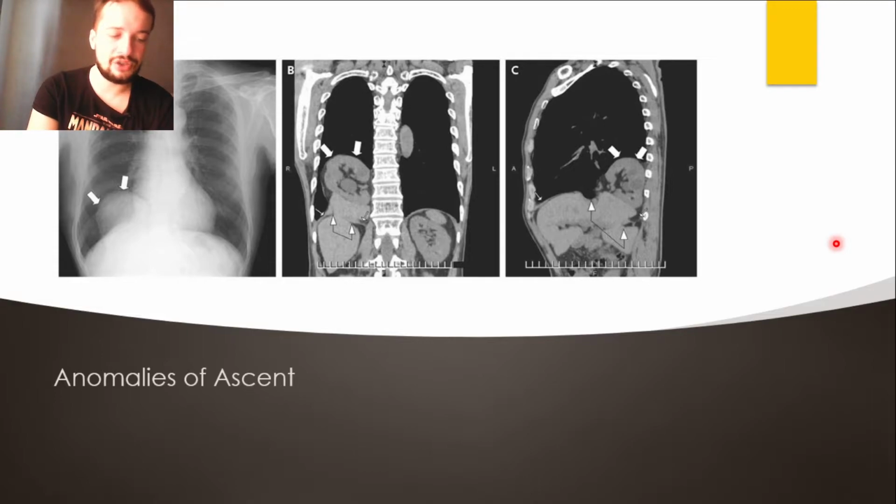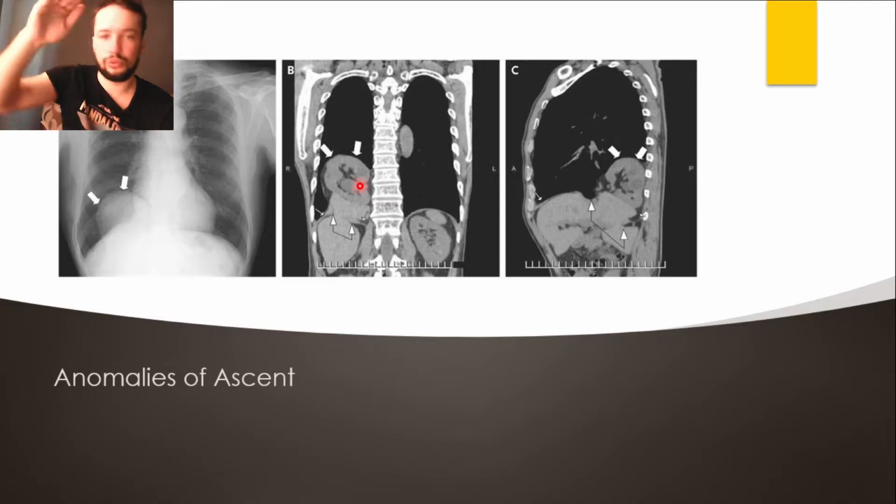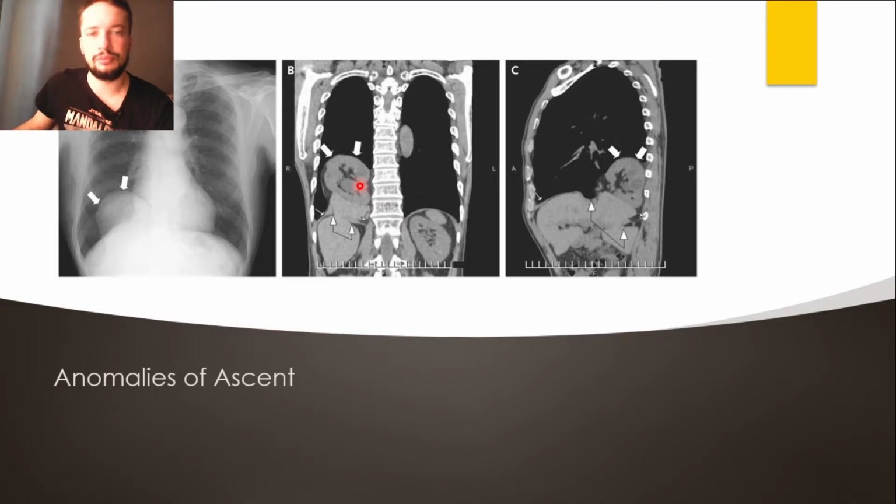The kidney is generally abnormal in position because of insufficient or contralateral ascent, the classic form of renal ectopia and crossed kidney, or because of excessive ascent, thoracic kidney, much rarer. And on CT scan you see that the kidney location is behind the diaphragm.